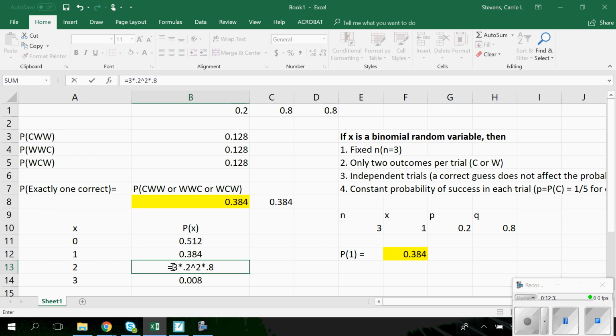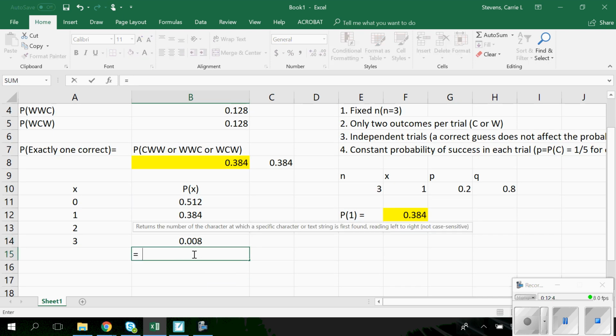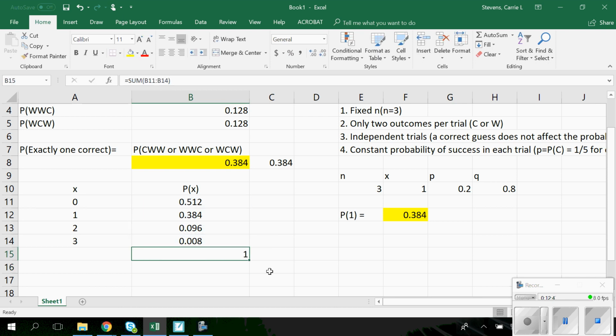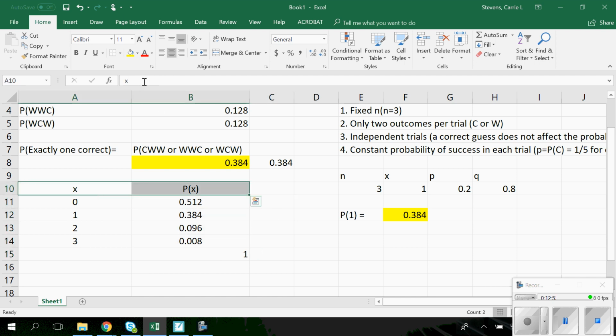This 3 takes care of whether it's going to be in the first position, the second position, or the third position. All right, now, if I have done this right, I get a total probability of 1. Cool. And all of these should be between 0 and 1, which they are. Okay, so now this is a legit probability distribution.